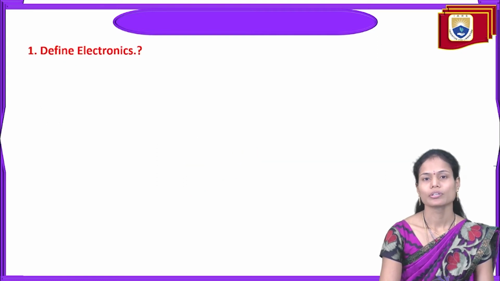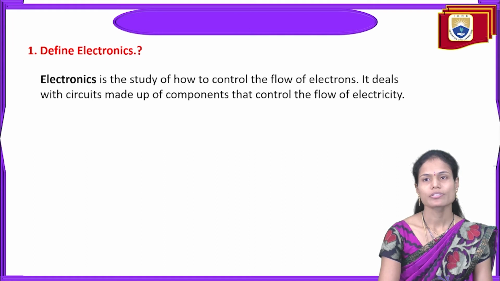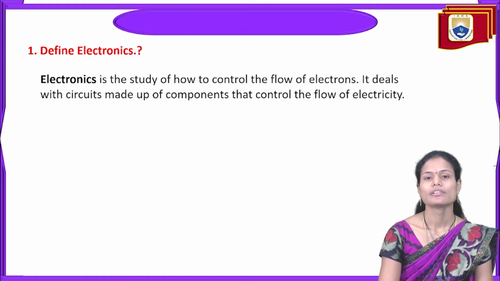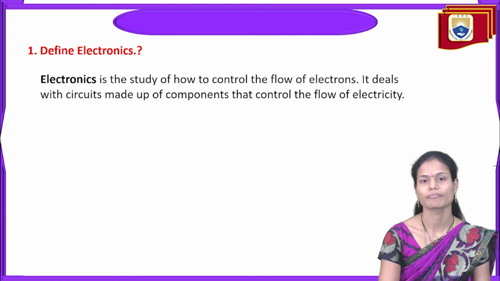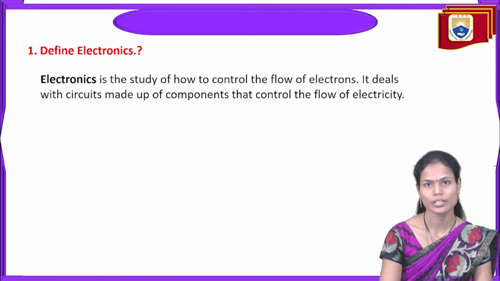Before going to the diode circuits, first of all we have to know what is meant by electronics. Electronics we can define as the study of how to control the flow of electrons. The flow of electrons is what indicates electronics. It deals with circuits made up of components that control the flow of electricity.